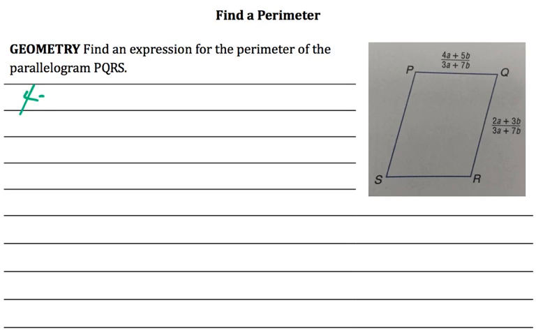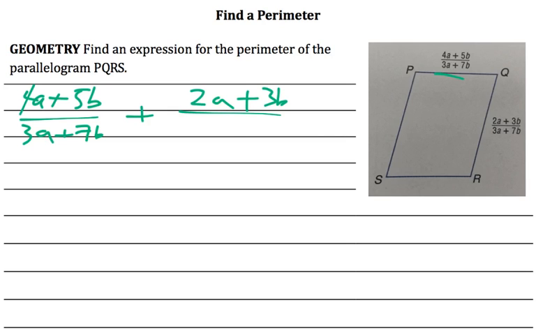So here we got 4a plus 5b, so I'm grabbing the top portion, over 3a plus 7b, and to that I'm going to add 2a plus 3b over 3a plus 7b. Well, just like in the other ones, we have the same denominator of 3a plus 7b, and I'll have 4a plus 5b.